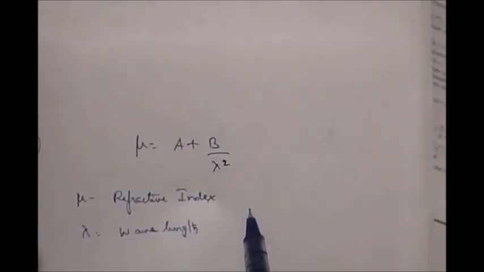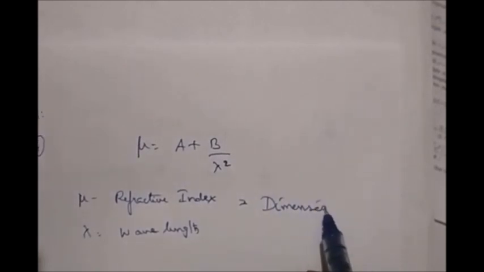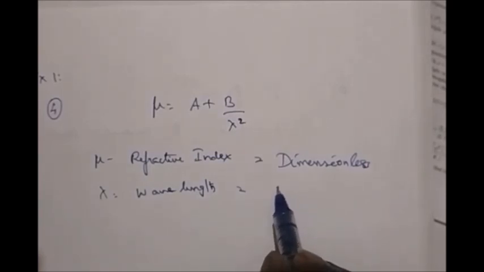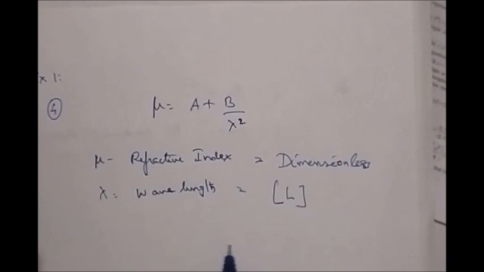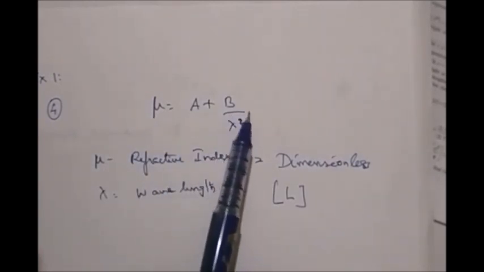So we can write here that this is dimensionless. Wavelength is just a length, a distance. We measure wavelength by distance, so here the dimension is going to be L. Refractive index is equal to a plus b upon lambda square.